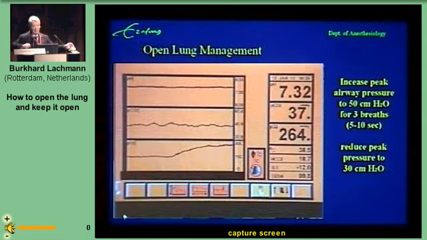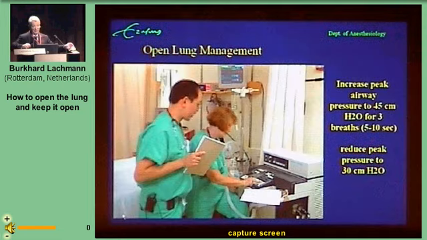Okay, we've done that, and now the PO2 is 265.